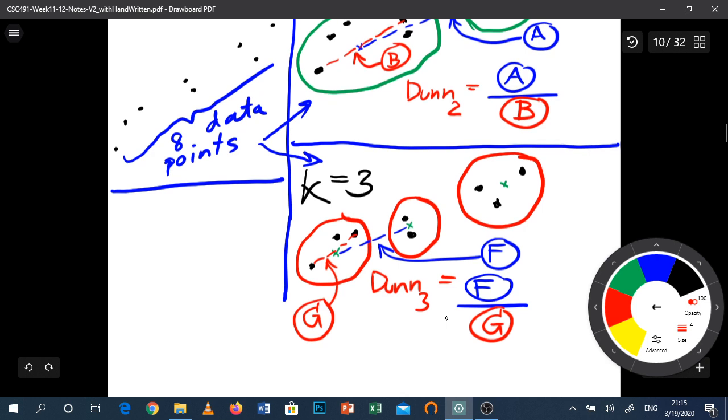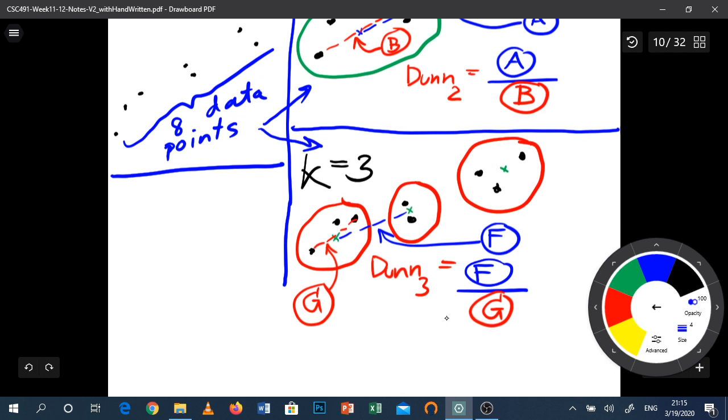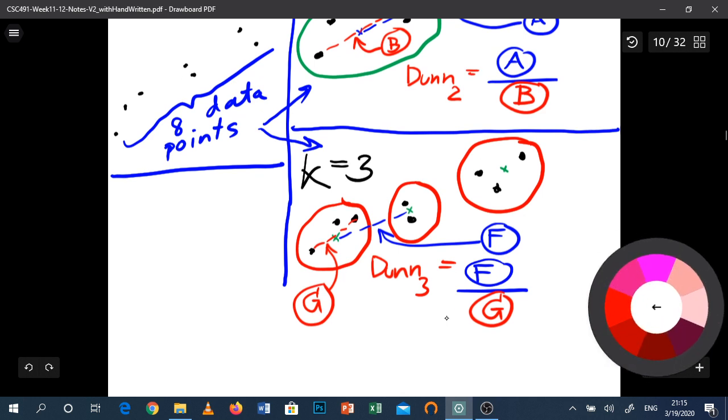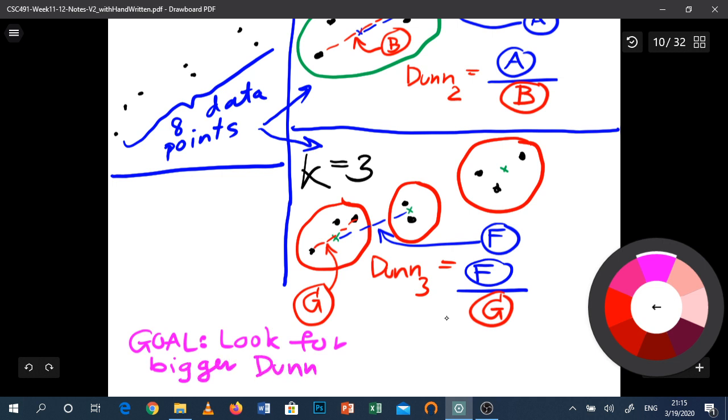So what are we looking for? The goal is that we are looking for a bigger Dunn index. The bigger it is, the better the cluster result.